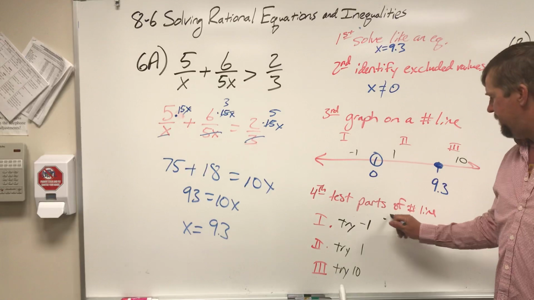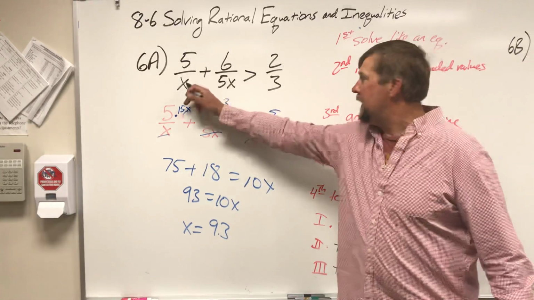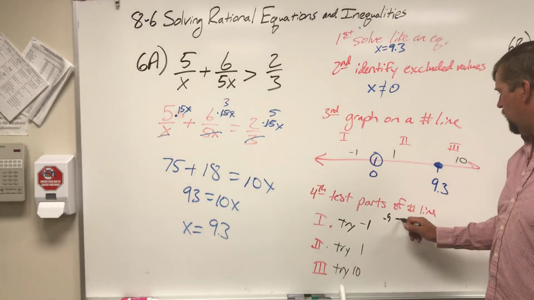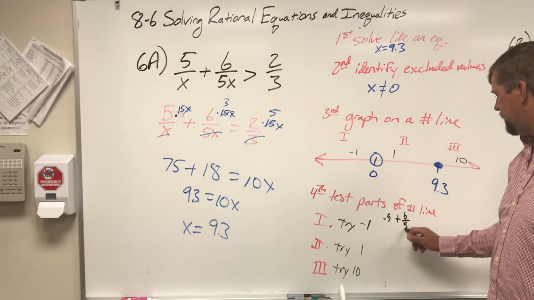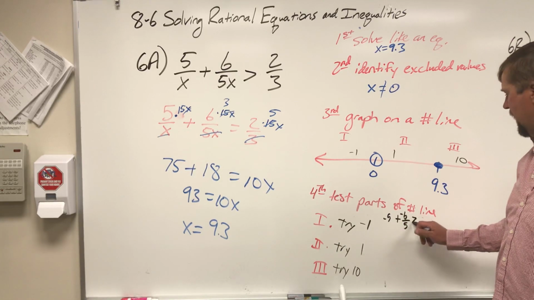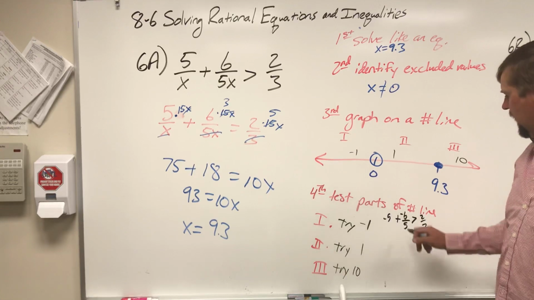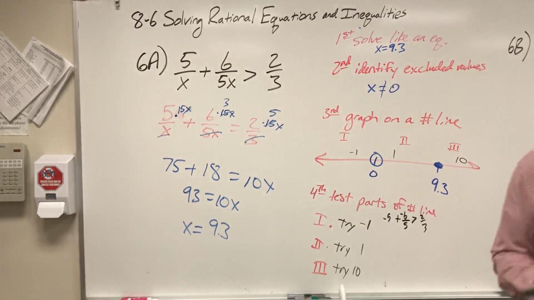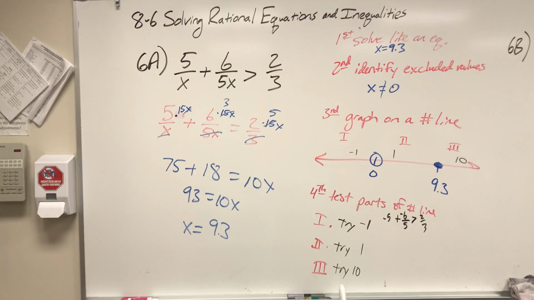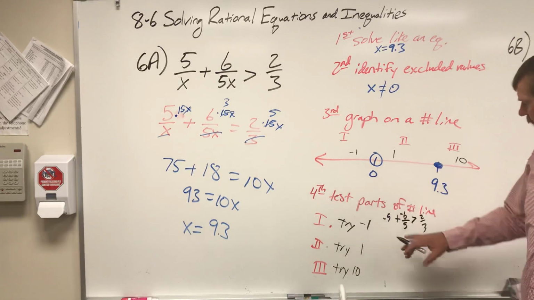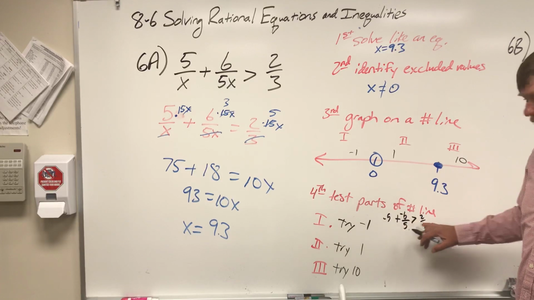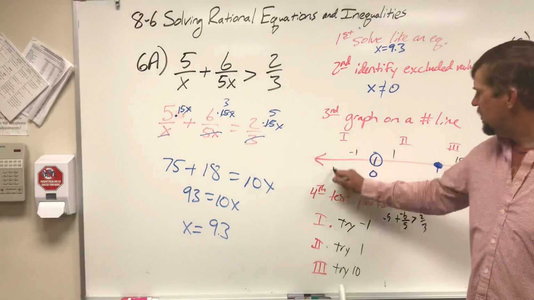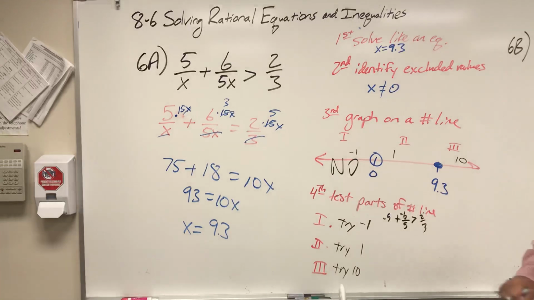I get negative 5, because 5 over negative 1 is negative 5, plus negative 6/5. Is that greater than 2/3? You don't always have to do the total math. You can sometimes look at the signs. I've got a negative plus a negative. That's negative. That is not greater than 2/3. So this is a no. That section of the number line does not work.